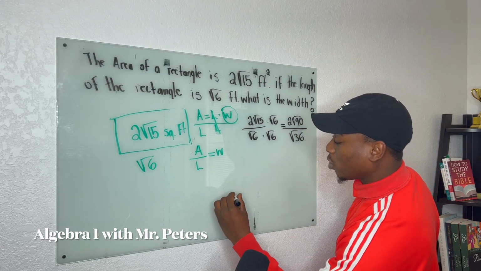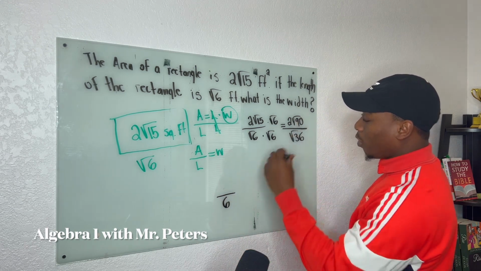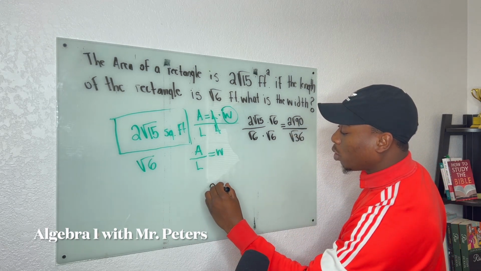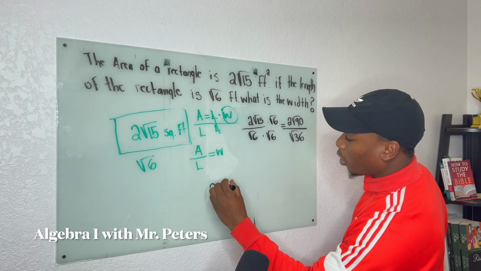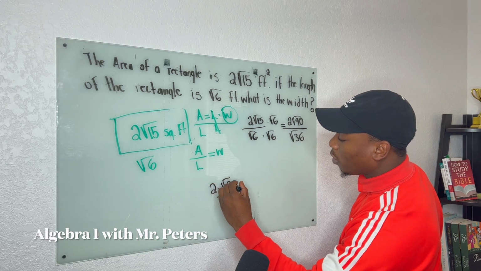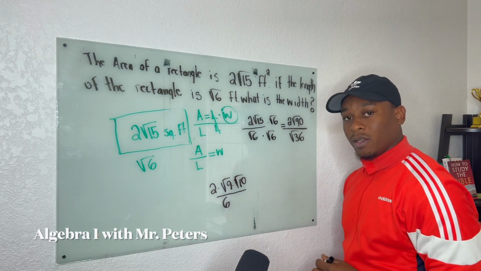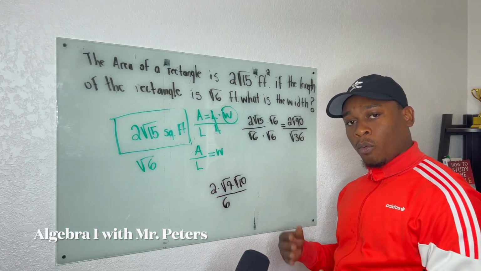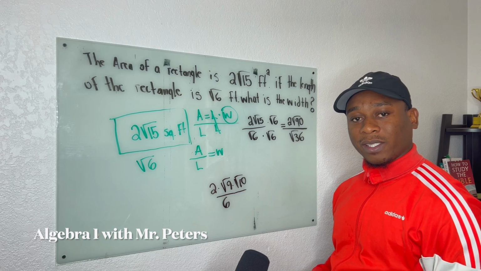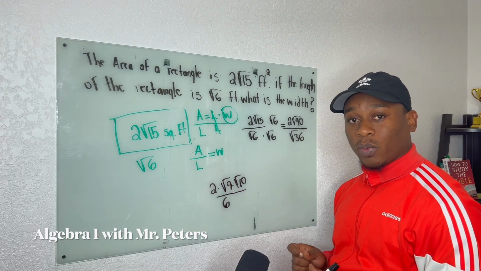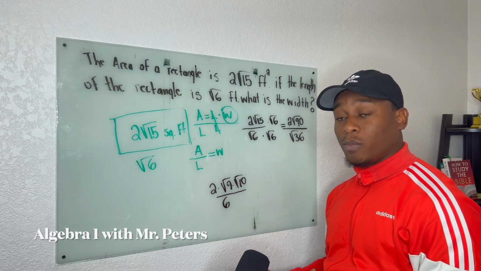That's a perfect square. So let's put our 6 there. And then on top, we're going to put 2 times, and we'll break our radical down as radical 9 times radical 10, right? And remember, we're trying to simplify this as much as we can until we cannot simplify anymore.